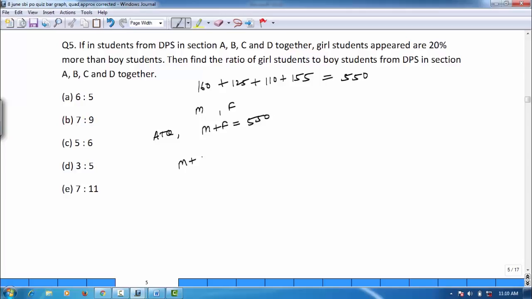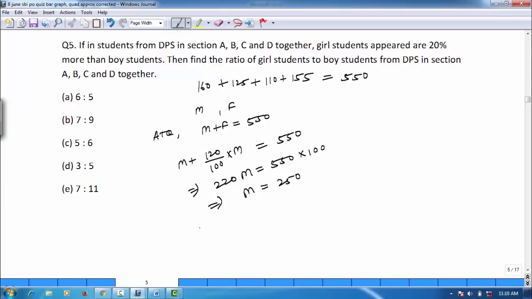So M plus, what can we write in place of F? 120 upon 100 into M, because number of females is 20% more than number of males, is equal to 550. So this implies 220 M is equal to 550 into 100. This implies M is equal to 250.